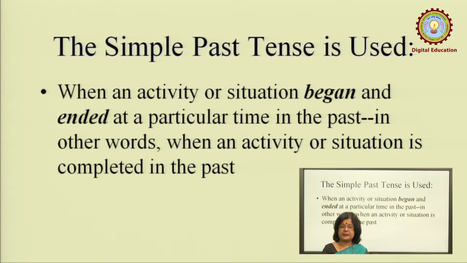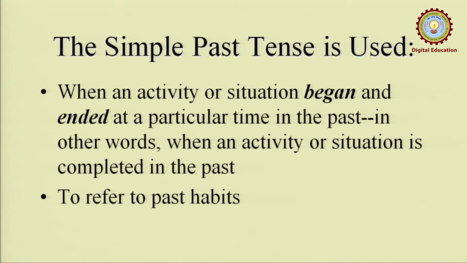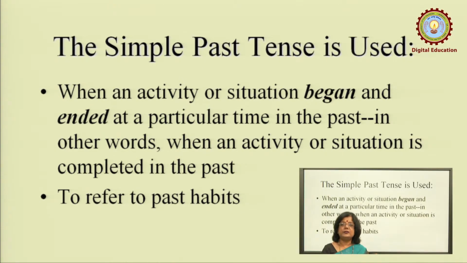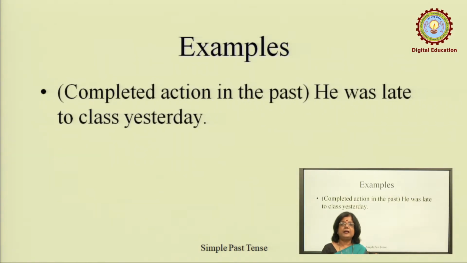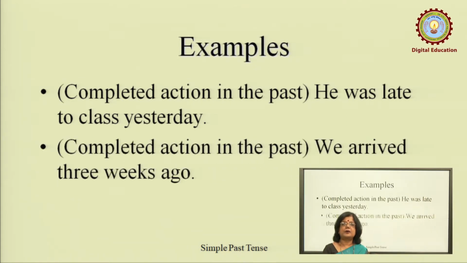In other words, when an activity or situation is completed in the past, we use simple past tense. We also use this tense to refer to past habits. Then when we look for examples, we can say he was late to class yesterday. It has already happened. He was late to class yesterday.